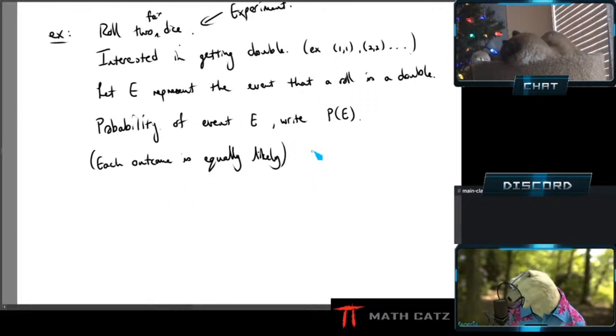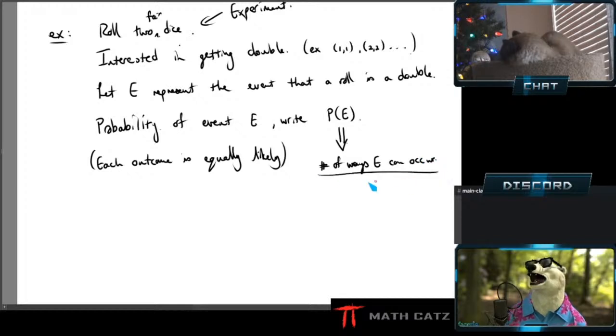If everything is equally likely, then this probability is as simple as, I'll write it in words first. Count the number of, let's say, ways E can occur and make a fraction out of the total number of outcomes possible.